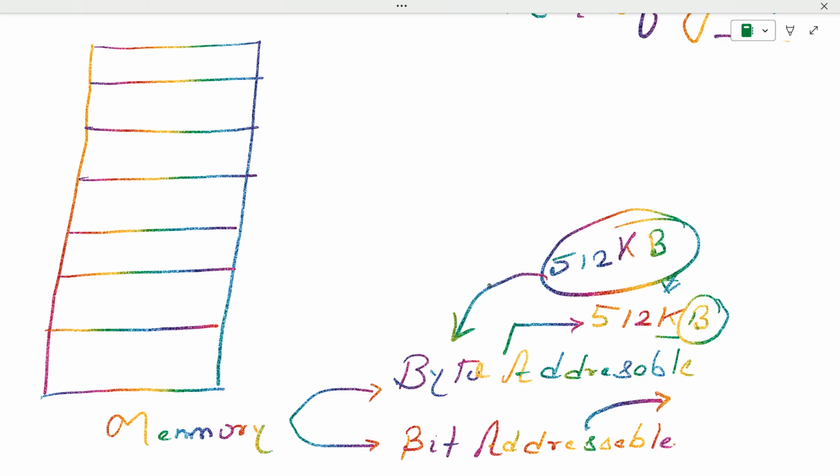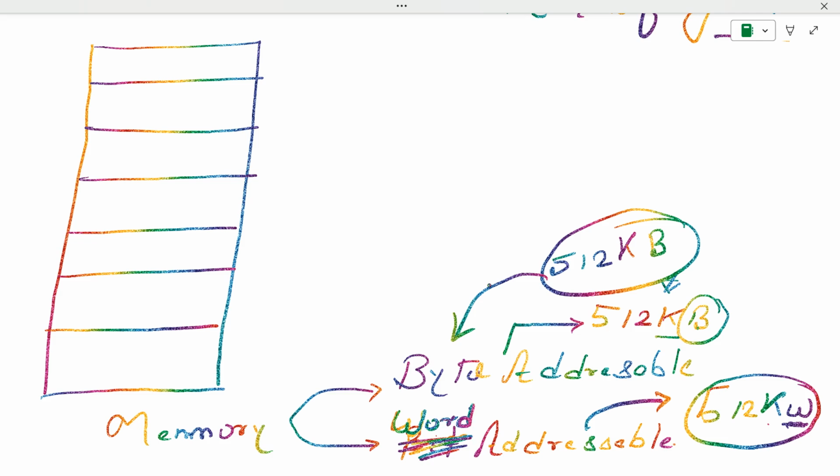Now what is word addressable? If we say this memory is 512 kilowords, now we are addressing the capacity of memory in terms of words, kilowords. I'm so sorry, it shouldn't be bit addressable, it should be word addressable. I apologize if I have been pronouncing word as bit.